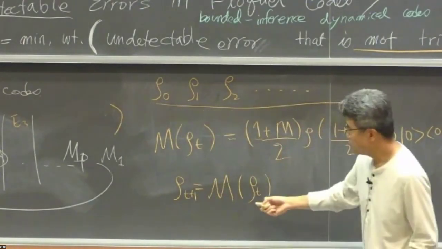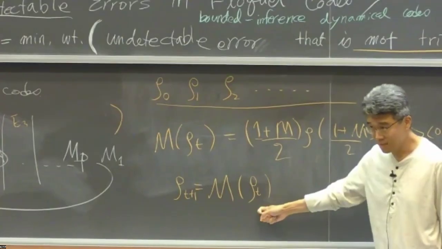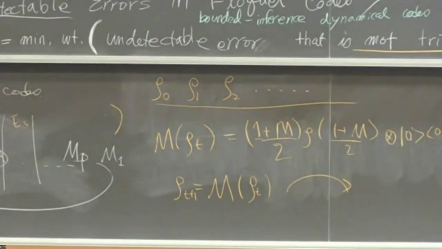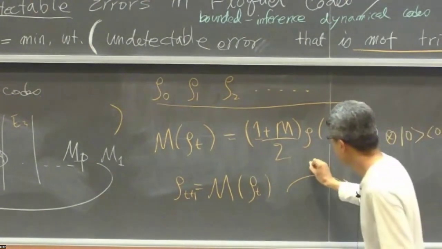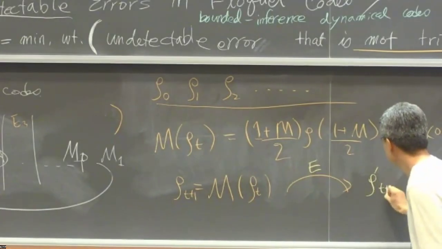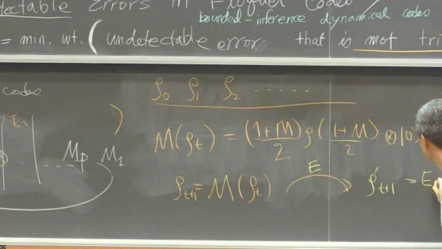Originally, in the pristine evolution, we had this. But with the effect of errors, it derives a new sequence of density matrices contaminated by the error insertions every time. And this formula captures exactly the action.